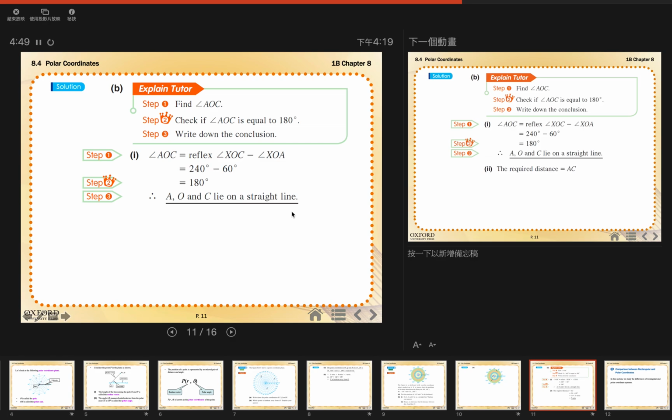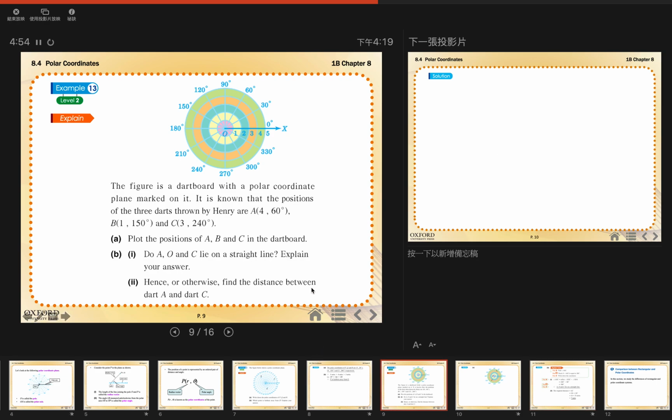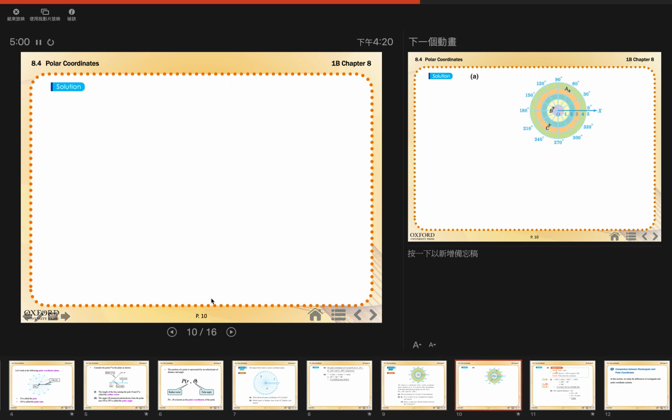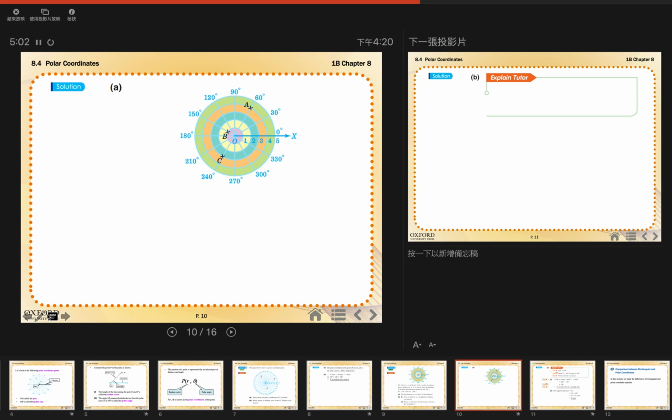And next, for part B, part 2, you are also asked to find the distance between A and C. Once you know that they are forming a straight line, then for the distance AC, I can use OA plus OC. Why do I use OA plus OC?